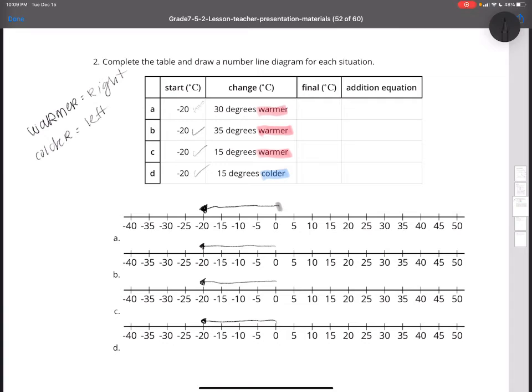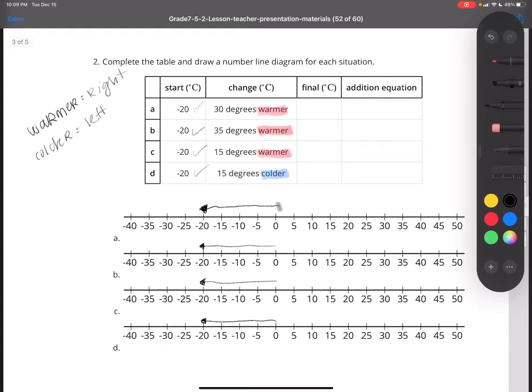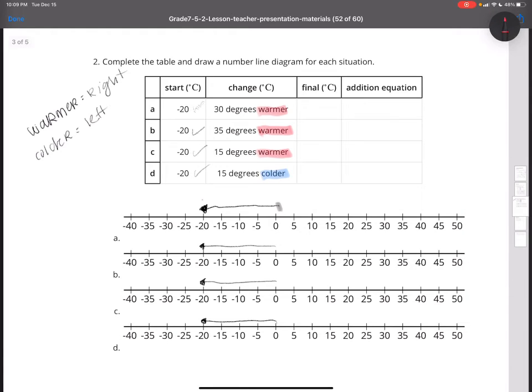So it said that it got 30 degrees warmer. So I want to start off at negative 20, but I'm still going to count 30 units now, or 30 spaces, okay? And remember, the number line is counting increments of 5. So it's going to be 5, 10, 15, 20, 25, 30.